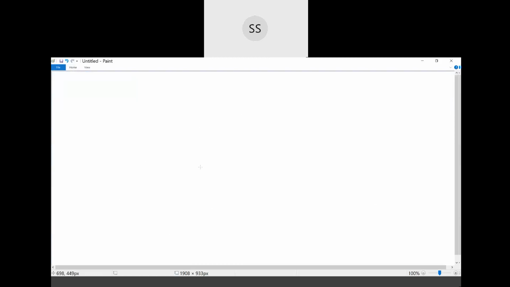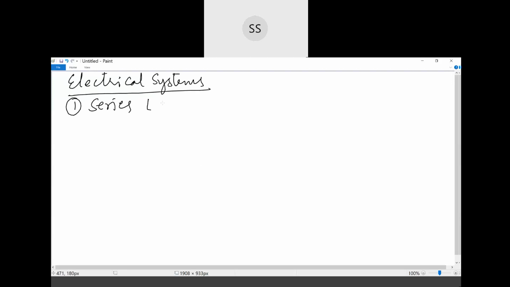So in the electrical system, first we are considering the series LCR circuit. You can write a simple circuit diagram.